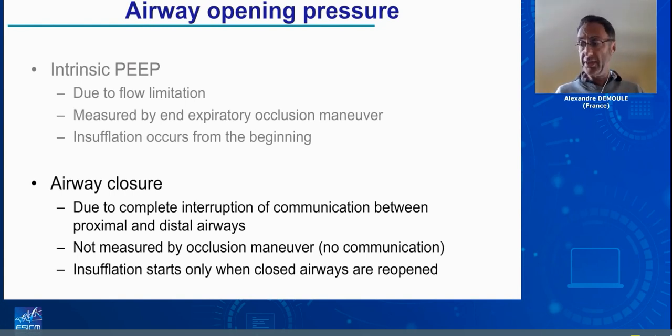Airway closure is due to the complete interruption of communication between proximal and distal airways. So there's a complete collapse of the airways, and therefore it's not measured by an occlusion maneuver because it's completely collapsed. And inflation starts only when closed airways are reopened.